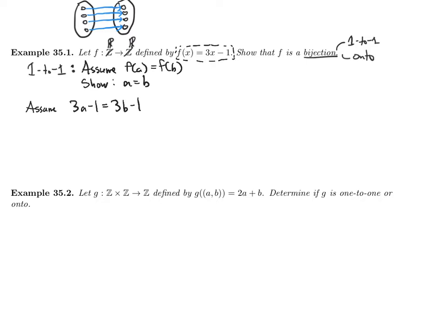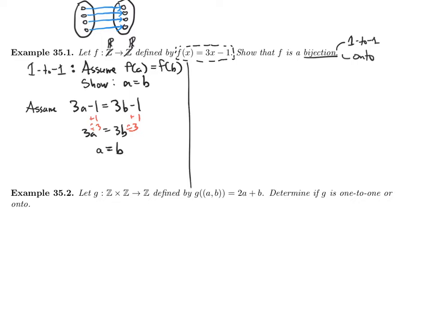Okay, so let's add 1 to both sides here. So we get 3a equals 3b, and let's divide both sides by 3. And you can see immediately that a does equal b.